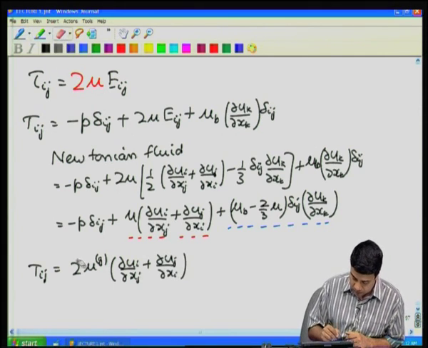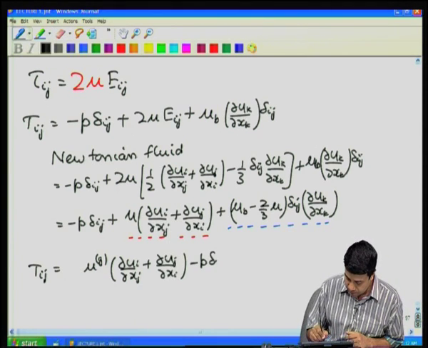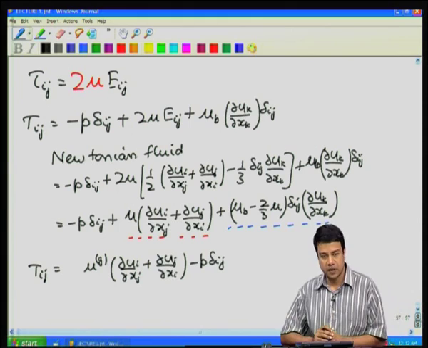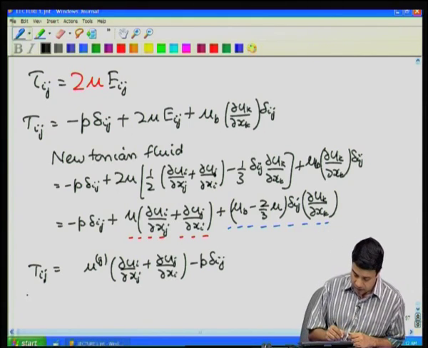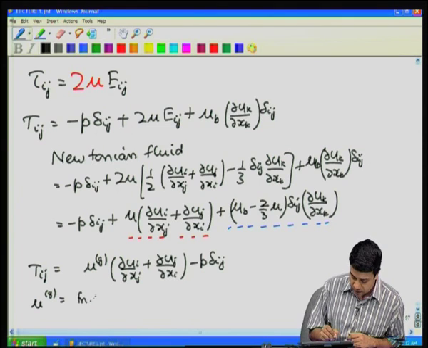This viscosity, the generalized viscosity, is in general a function of the rate of deformation tensor.